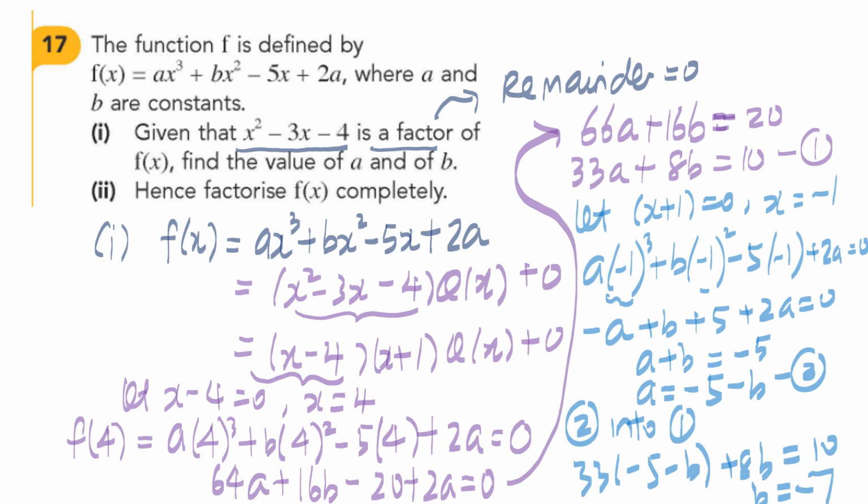So b will be negative 7. Now you have to substitute b equals negative 7 into equation 2, and you will get a equals minus 5 plus 7, which gives you 2.